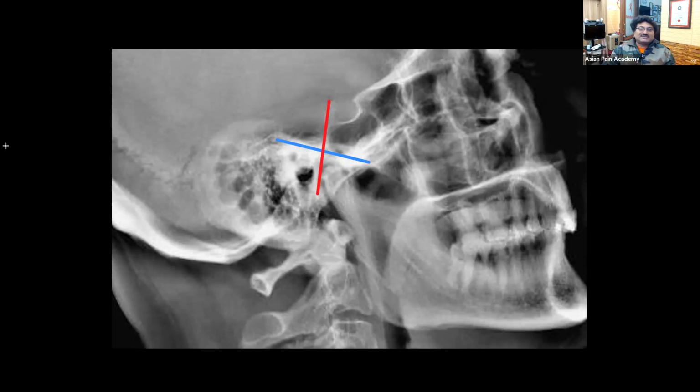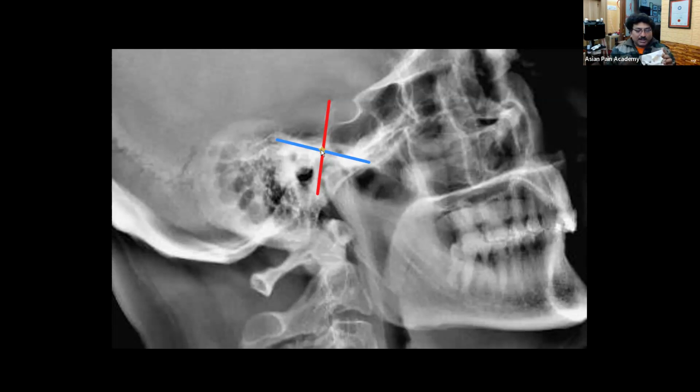Remember this junction, I am drawing a small star, this junction is very important. Why? Because while doing the procedure, our needle should be targeted to the clivopetrous junction, but it should not cross more than 2 millimeters from it, even for the ophthalmic division. Or ideally, to be on the safer side, your needle should not cross the clivopetrous junction.